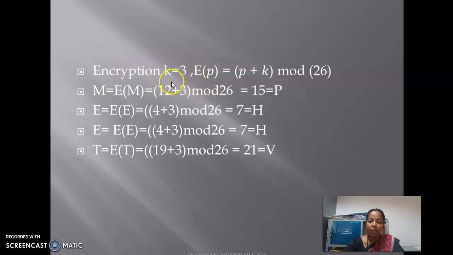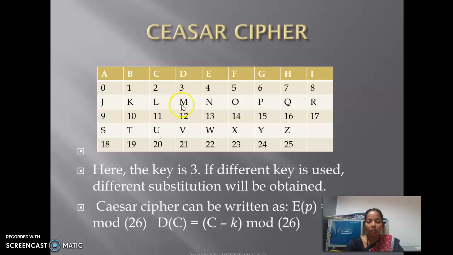The secret key is k equal to 3. This is the formula. First, meet is the plain text, right? So E of M, the first plain text letter is M. What is the number for M? We replace M by the number 12.